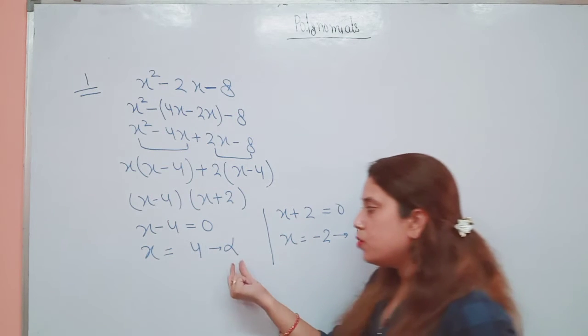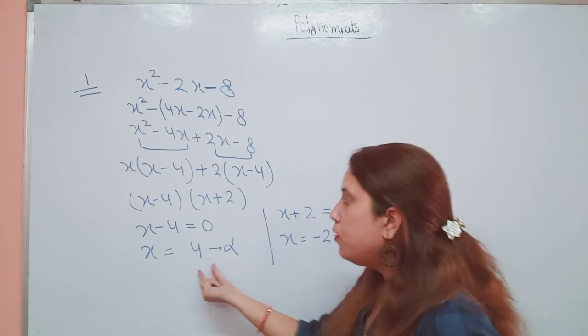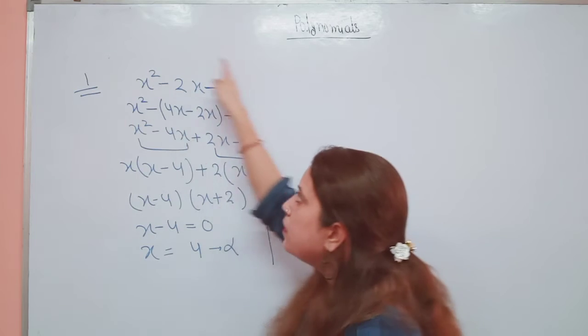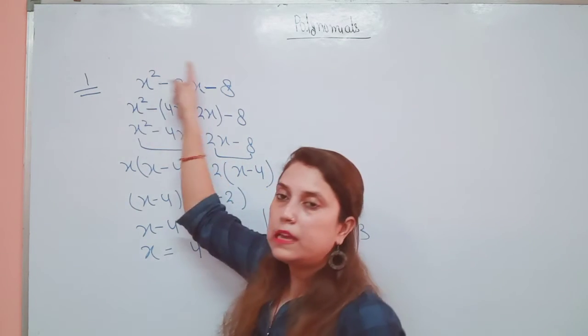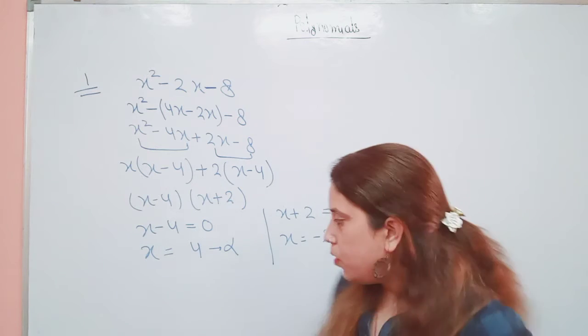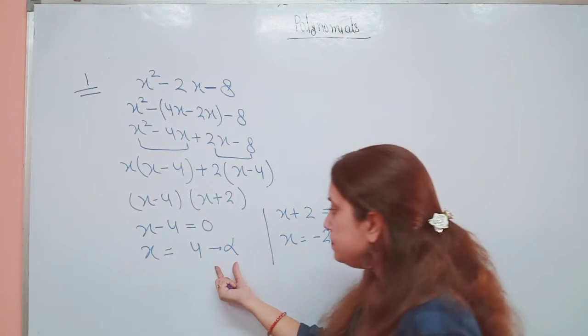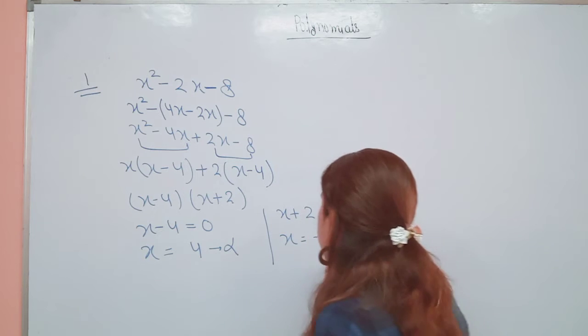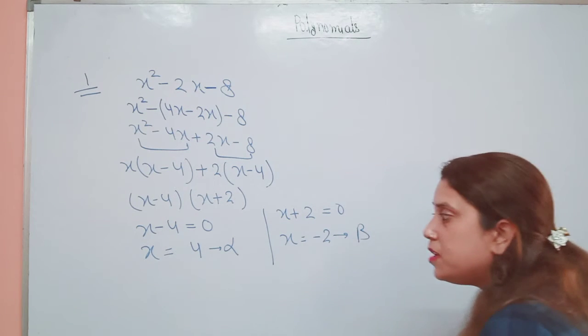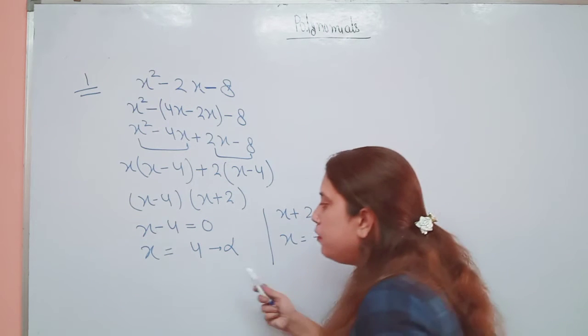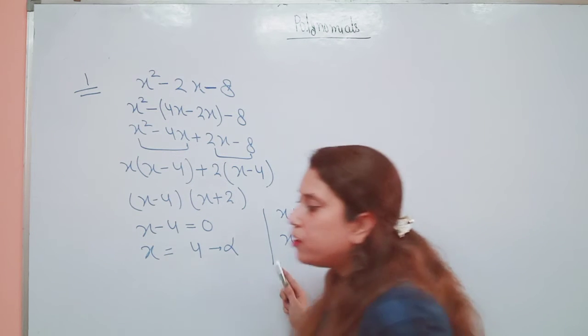These are your zeros. It means when we put the value 4 in this polynomial, it becomes 0, and when we put minus 2 in this polynomial, again it becomes 0. Okay, so our zeros are 4 and minus 2. After that, the question is to find the relationship between zeros and coefficients.